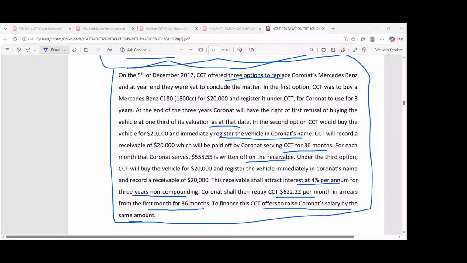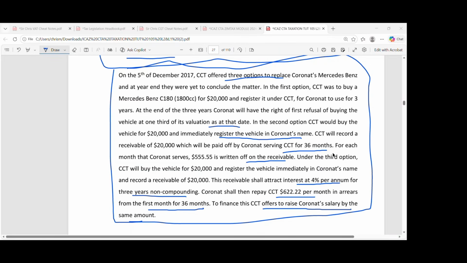You need to understand this vehicle in terms of section 81F. Colonat is receiving a benefit through the right of use of a motor vehicle, which will be included in his gross income, calculated using the engine capacity of the vehicle.